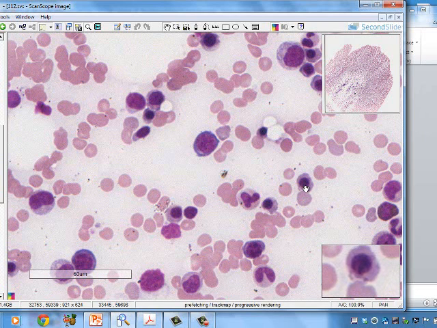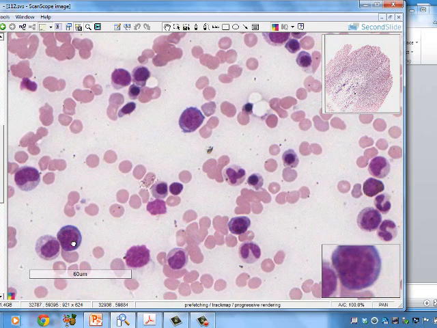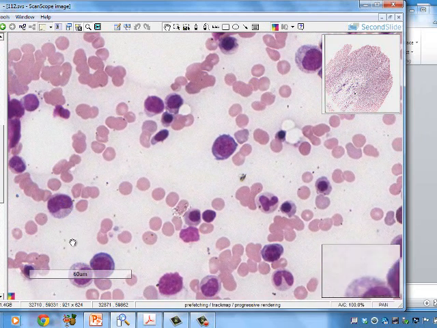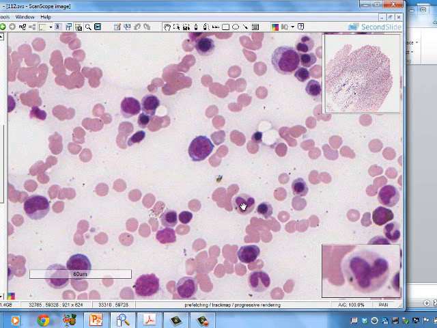Maybe a late poly that we have, the ortho. There's a poly for sure. You can see the blue and the red through there, another poly through there. But these here are from the granulocyte series that we can see.